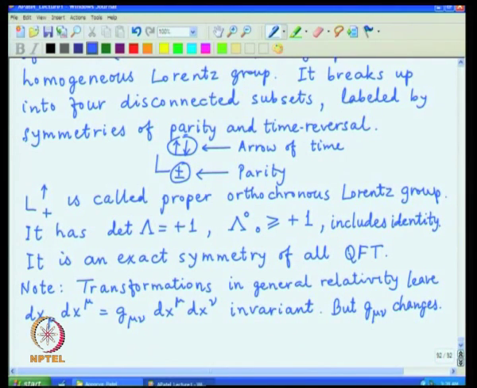And in that particular sense, the so called Lorentz group and a linear transformation correspond to the tangent space that can be constructed at any location in general relativity.